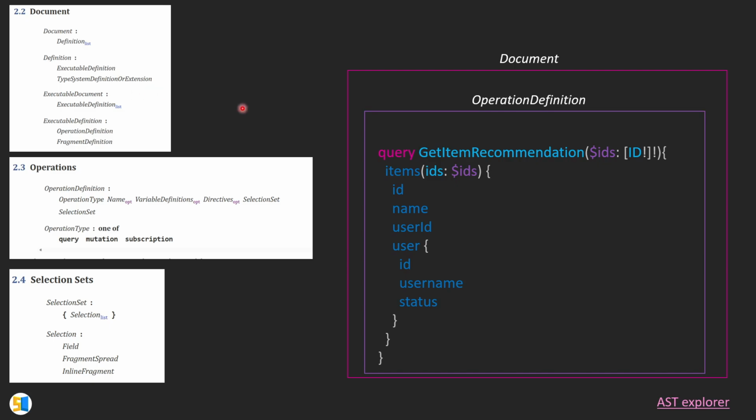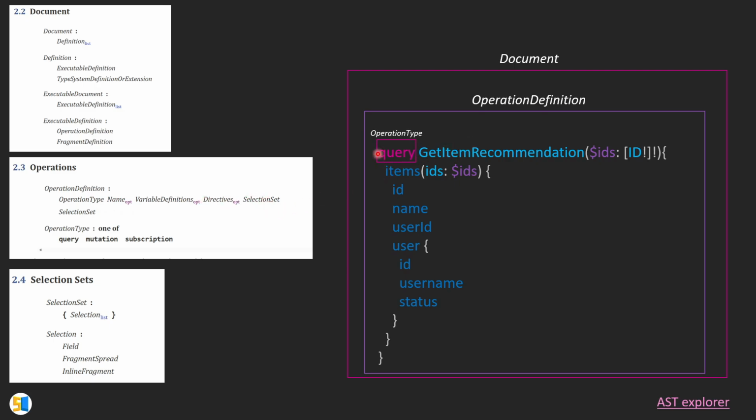And we have operation definitions, right? Because right now we only have one operation. So operation definitions, if you see right here, is an executable definition. Executable definitions is one type of definitions, right? Okay, so operation definitions can have operation type, name, variable definitions, directive, selection sets.